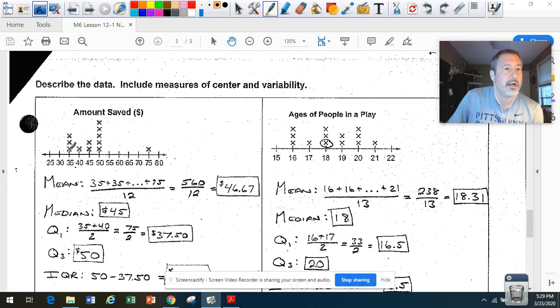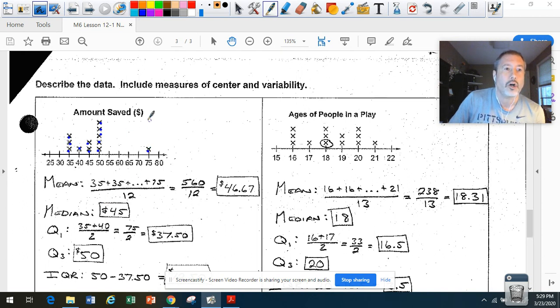So if you look here, I have 1, 2, 3 35s. So you can do 35 times 3 plus 40 plus 45 times 2 here. Plus 50 times 1, 2, 3, 4, 5. 50 times 5 plus your 75.